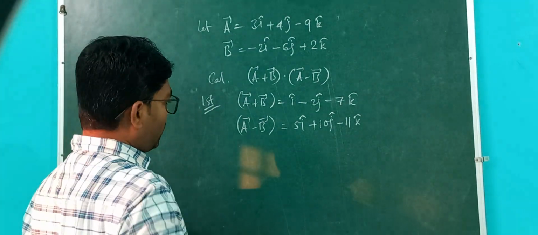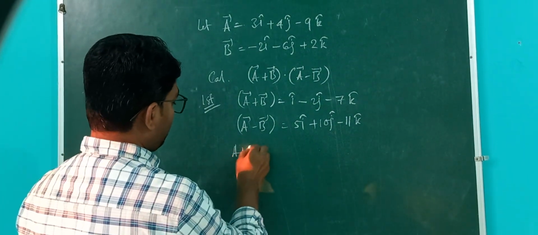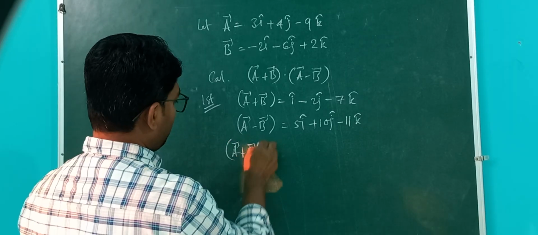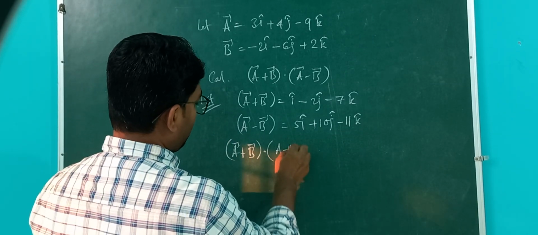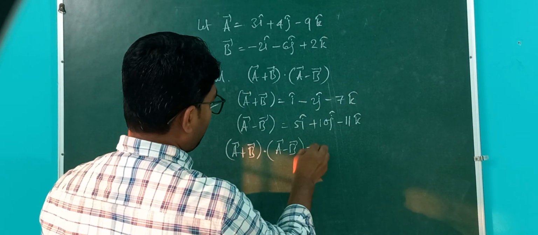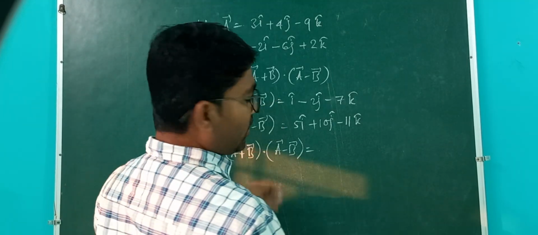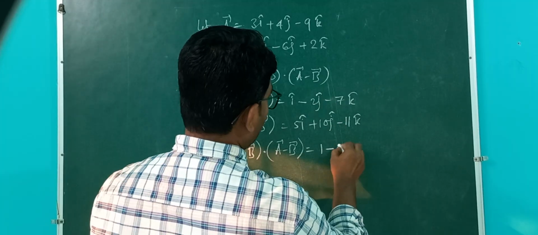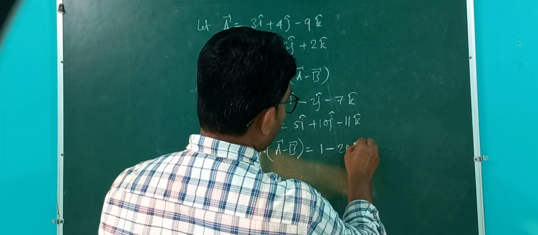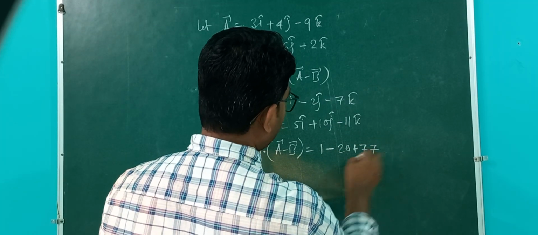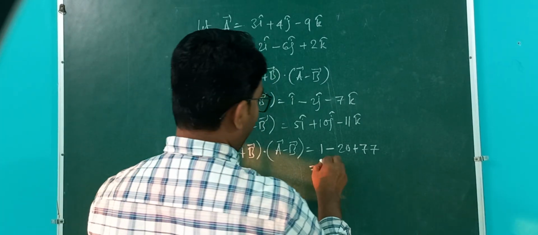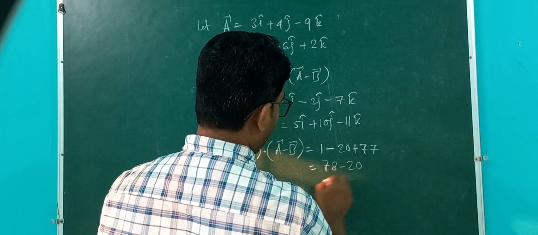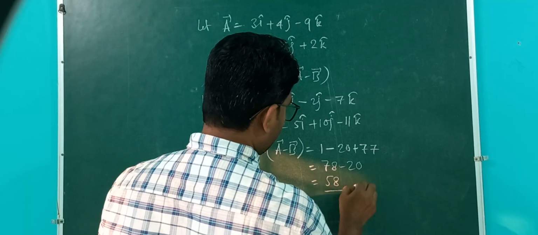Then take the dot product, multiplying component-wise: 5 times 1 is 5, minus 20, plus 77. What is that? 62.